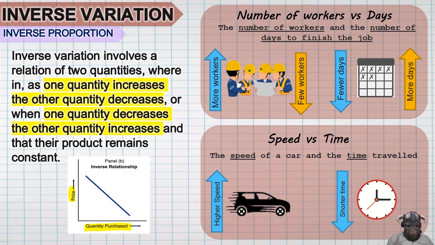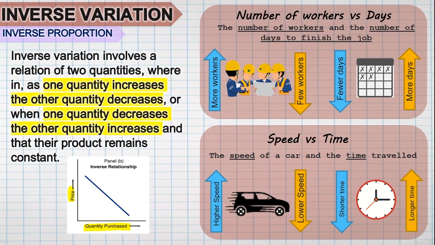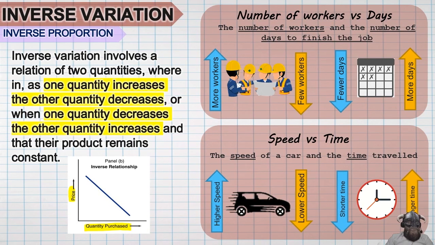So, as the speed increases, the time decreases for you to arrive at your destination. On the other hand, as the speed decreases, habang bumabagal yung speed mo, mas mahaba naman yung time mo bago ka makarating dun sa destination mo. That's one good example of inverse variation.